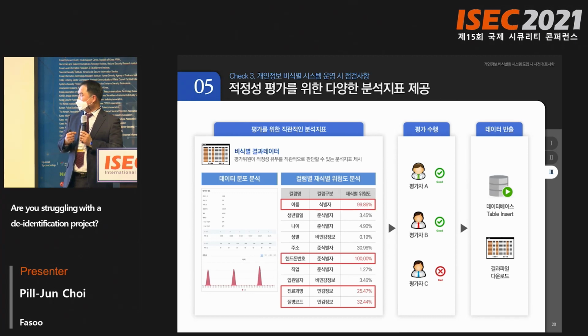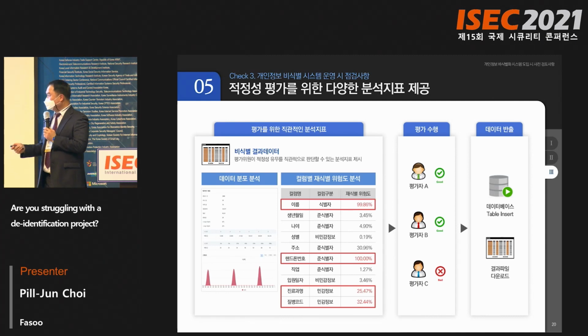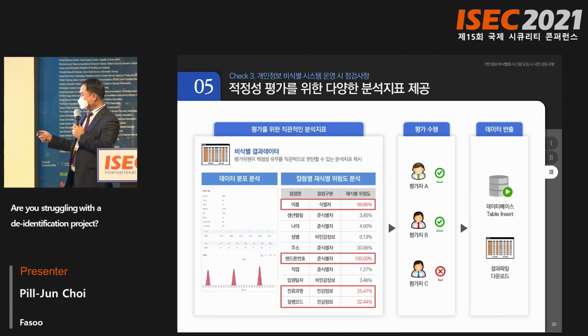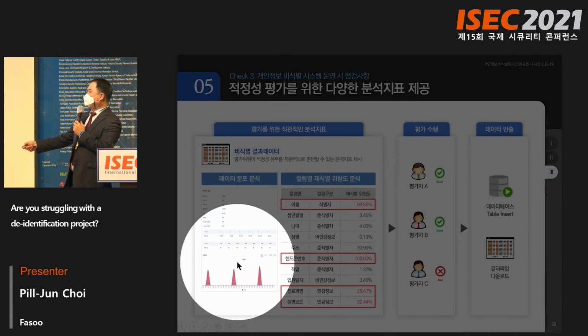So appropriate data needs to be submitted to the evaluators. Sometimes evaluators and auditors are not internal employees, and data processing may not be their expertise. So two kinds of data need to be submitted.